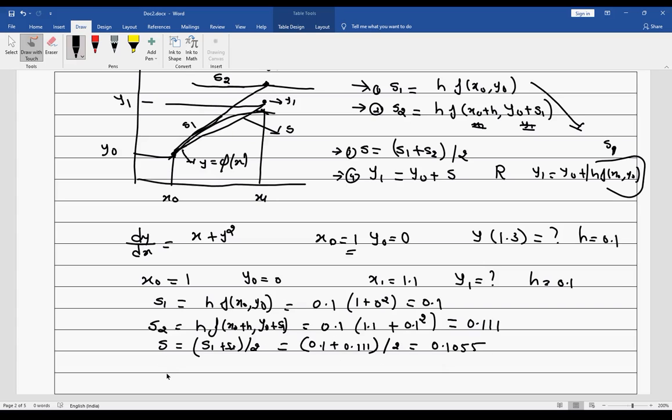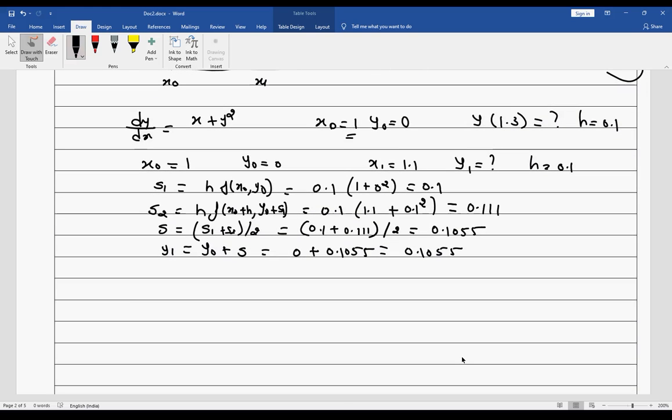So now I can write my y1 as y0 plus s. My y0 is 0 and my S is 0.1055. So my Y1 value is 0.1055. Okay, so this is the value. Now I can write my X0 is 1.1 and Y0 is 0.1055.